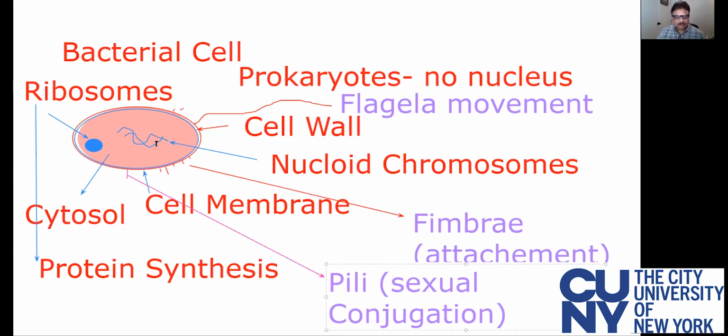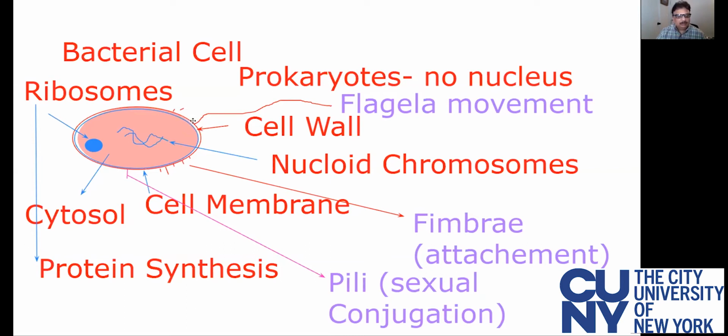So let's recapitulate very quickly. A bacterial cell is mainly without a nucleus. The chromosome is in the cytoplasm, called the nucleoid. And one of the most important organelles in the bacterial cell is the ribosome, which helps in protein synthesis. Then cell wall and cell membrane.